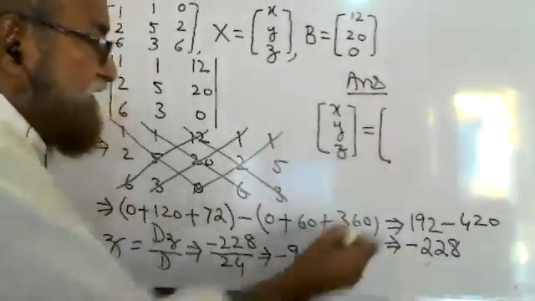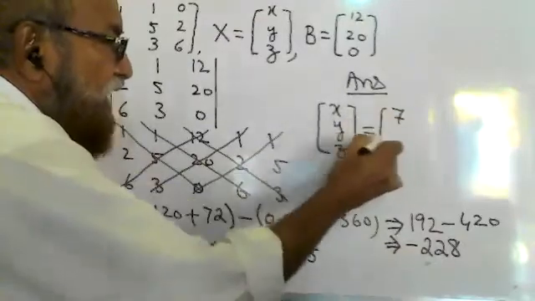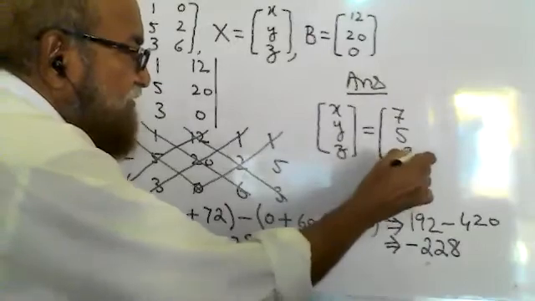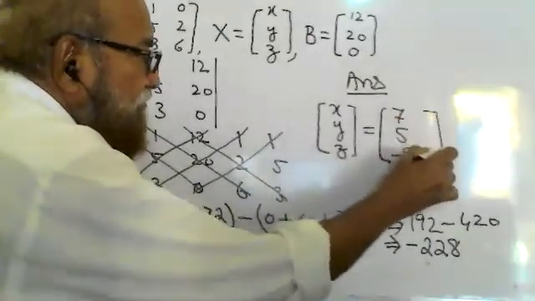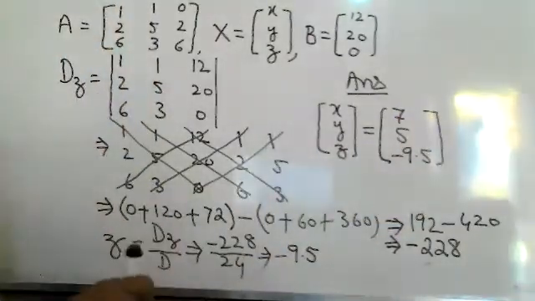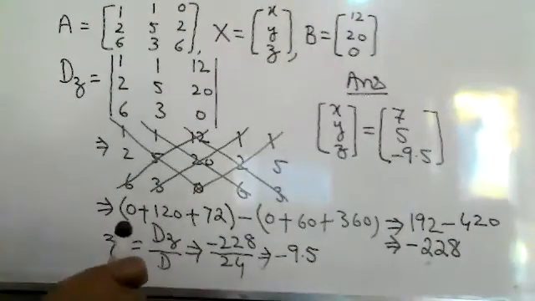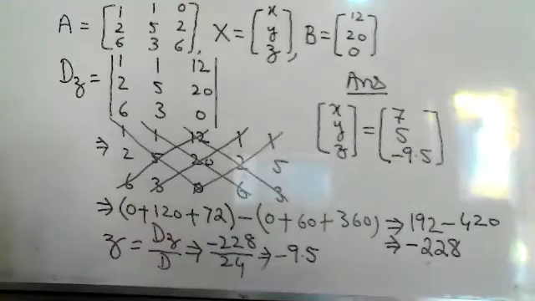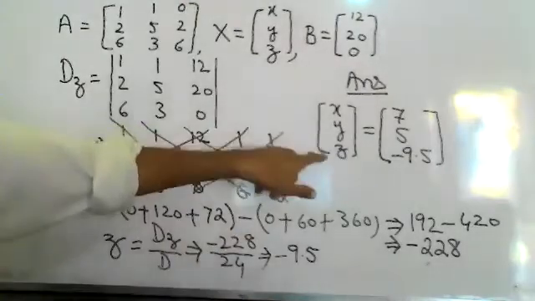The answer of x is 7, y is 5, z is minus 9.5. In this way, we will write the answer in the matrix form.